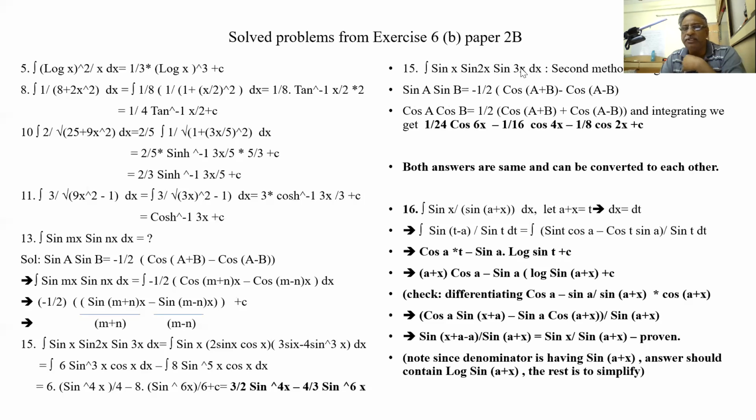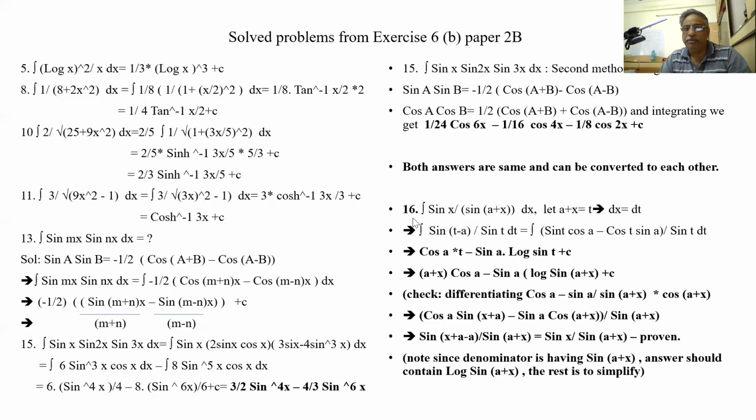Then again with sin 3x, cos a sin b, or cos a cos b, we can use half of cos(a plus b) plus cos(a minus b). Using these formulas by splitting, I am getting terms in cos 6x, cos 4x, and cos 2x. So both are okay. This is an easier method because I am using cos x as the derivative of sin x.